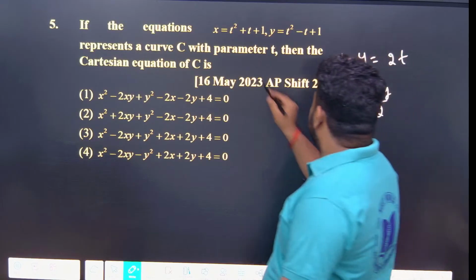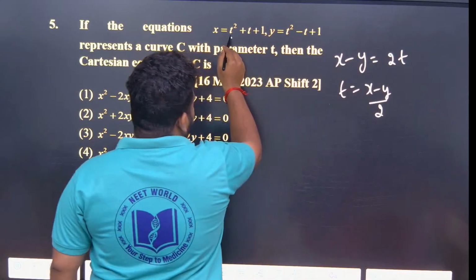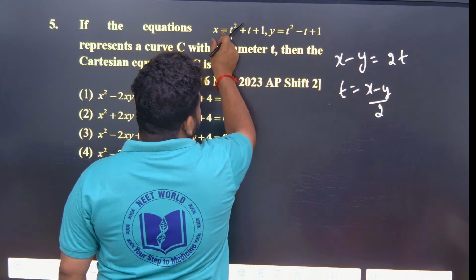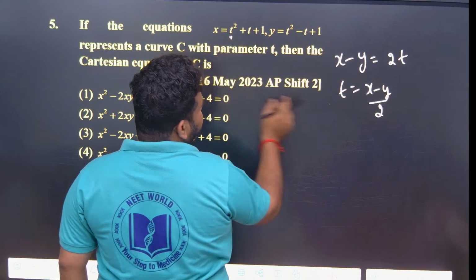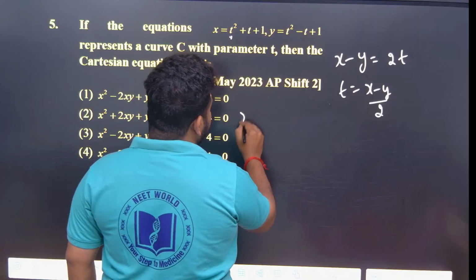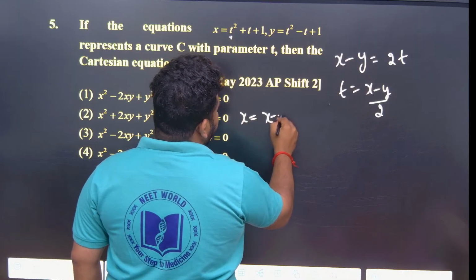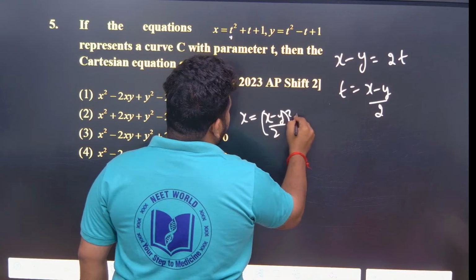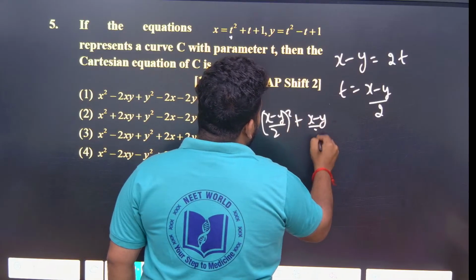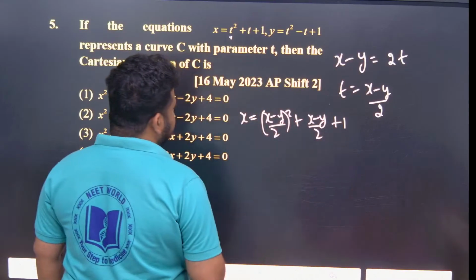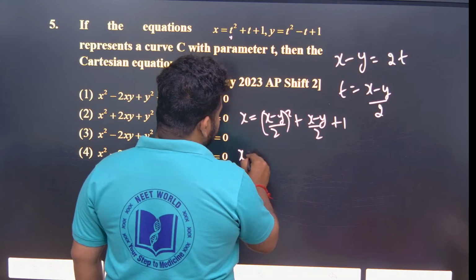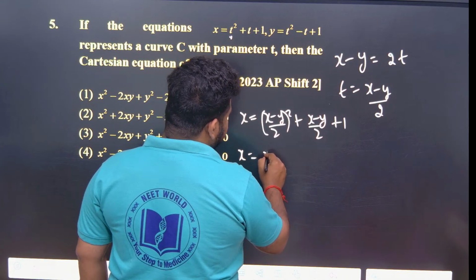Now x is there, correct na? So wherever t square is there, you write what? x is equal to x minus y by 2 whole square plus x minus y by 2 plus 1. Okay, this is what you will have.